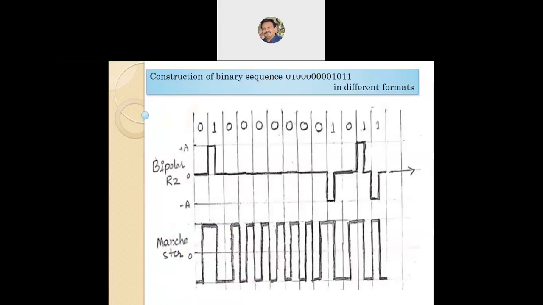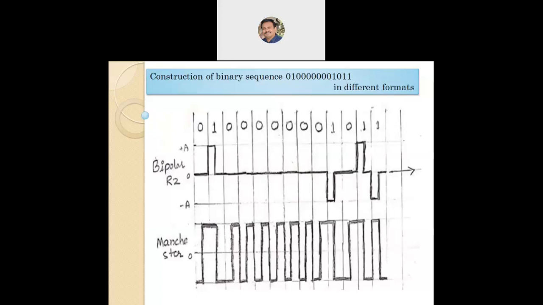Look at an example. To construct the binary sequence 0 1 0 0 0 0 0 0 0 1 0 1 1 in different formats.